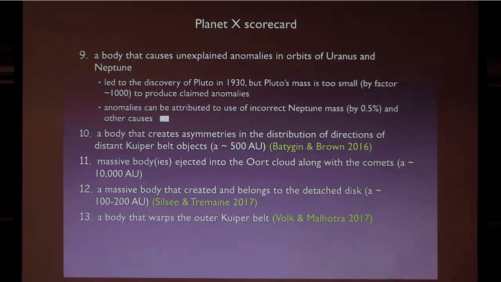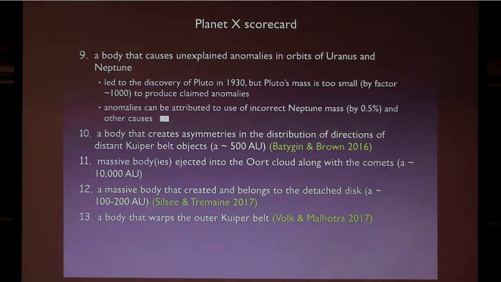That led, of course, as we all know, to the discovery of Pluto, but it was rapidly discovered that Pluto's mass was too small by a factor of more than 1,000 to produce the claimed anomalies. After Voyager flew past Neptune, they discovered that the standard value for the mass of Neptune was off by 0.5%. Once you made that change, almost all of the anomalies went away.